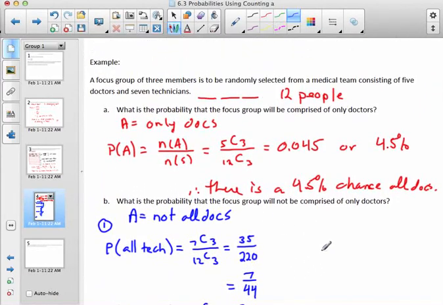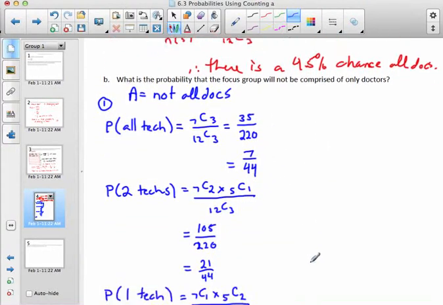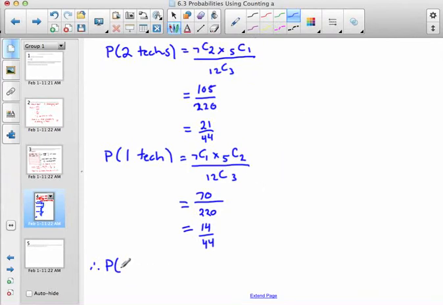Therefore, the probability of event A, which is not all doctors, right? We chose the event A as being not all doctors. That's going to be all of these things added up. So, what do we have? 14 out of 44 plus 21 out of 44 plus 7 out of 44.